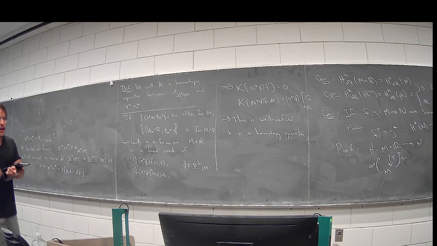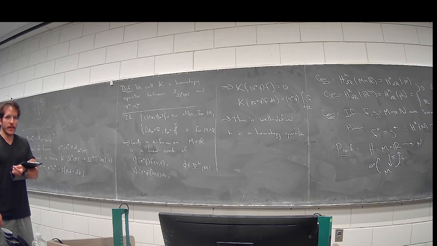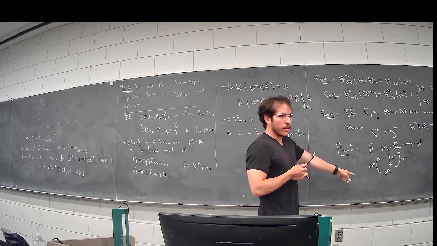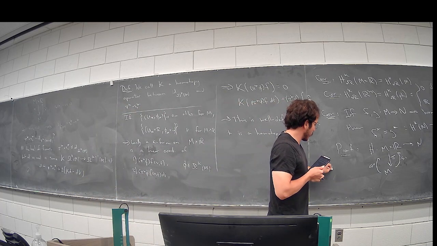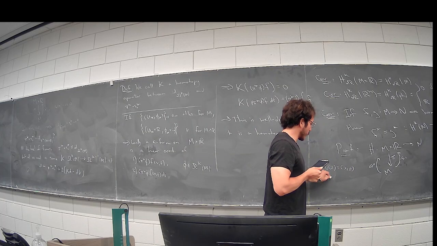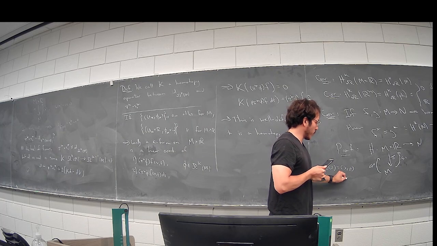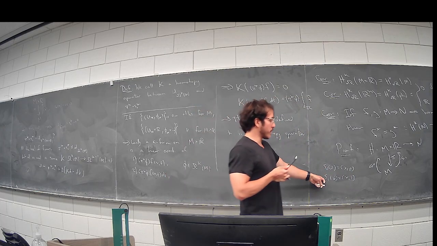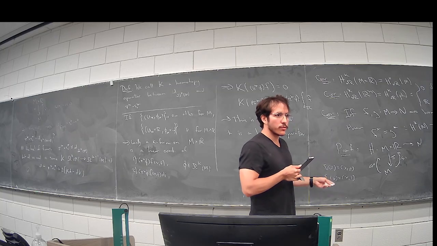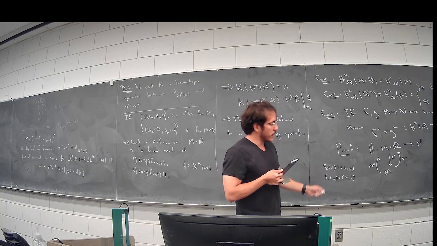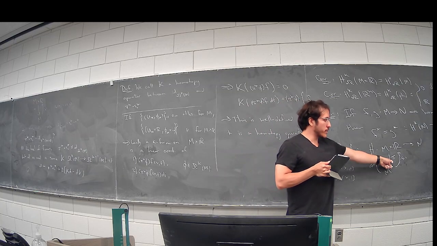A pre-image is not a map, an inverse is a map. So I have these two sections, and these are maps. S0 of x is (x, 0), S1 of x is (x, 1). What I'm claiming is that if I go to cohomology, I get maps in cohomology, and those maps are inverses of pi star.